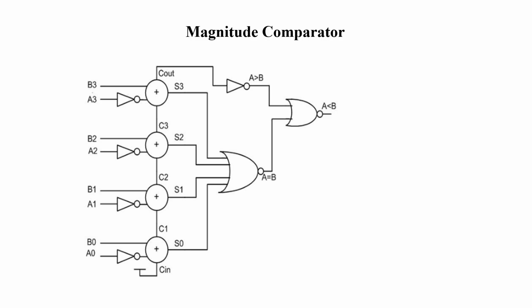So in today's class, I'm going to explain how this circuit will find A equal to B, A less than B, A greater than B. So let me assume three cases.